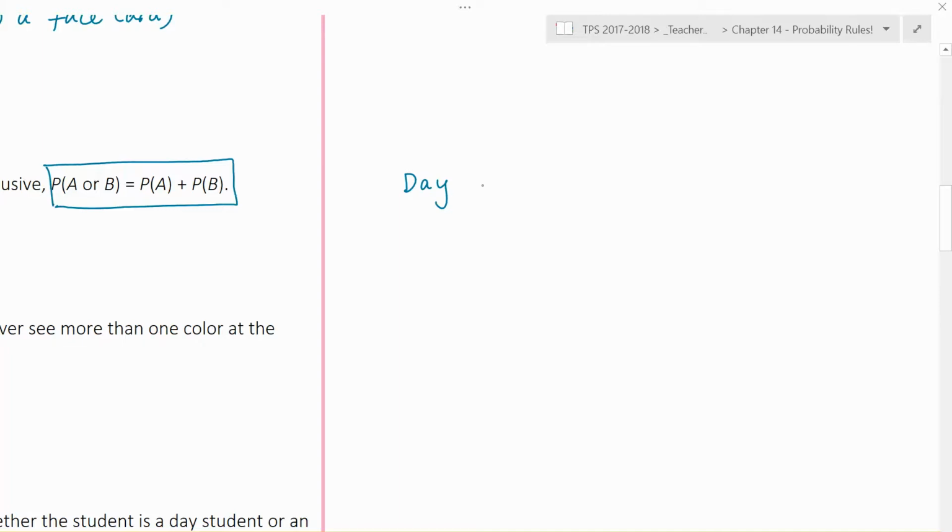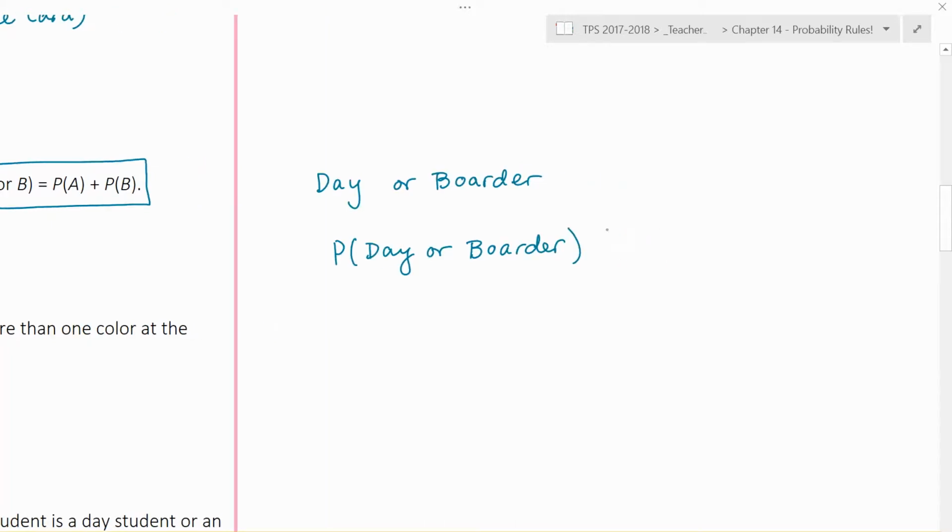Day or boarder. And remember, we're thinking about randomly selecting a person who meets those characteristics. So I could say the probability that someone is a day student or boarder would be the probability of a day student plus the probability of a boarding student.